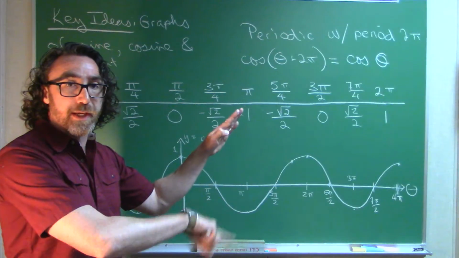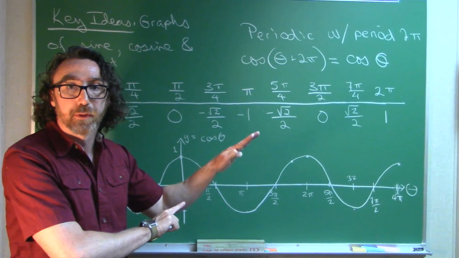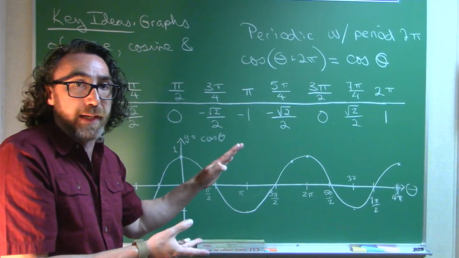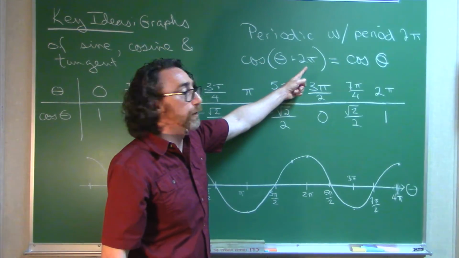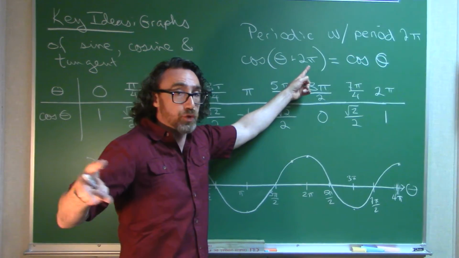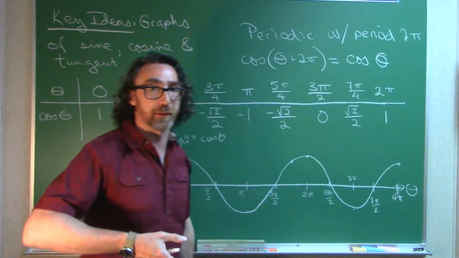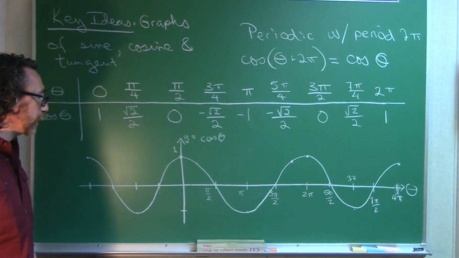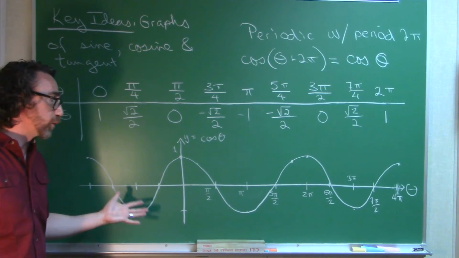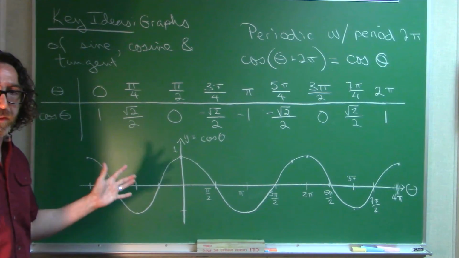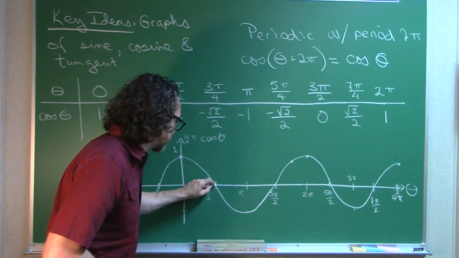If you add a rotation of 2 pi radians, that's equivalent to a full revolution. So you've come back around and you're in the same place. So adding 2 pi to your angle doesn't really change where you end up. That makes sense right there, that identity. So this is what the graph of y equals cosine theta looks like. I would recommend that you memorize this picture.